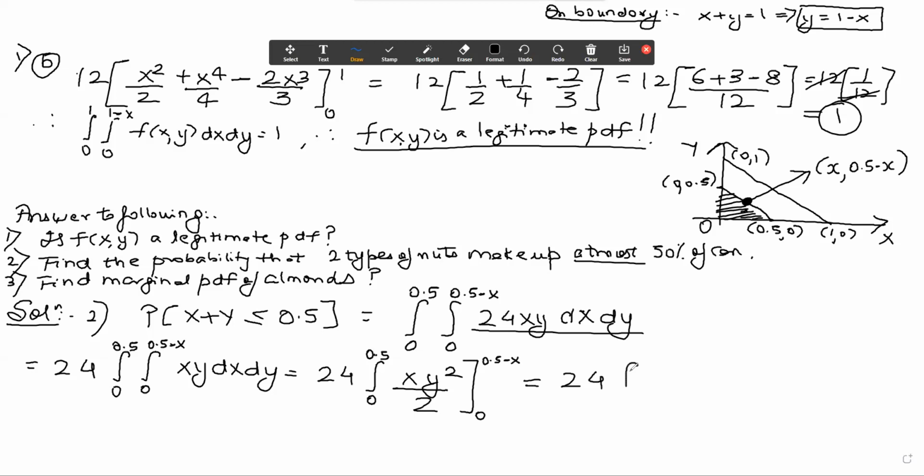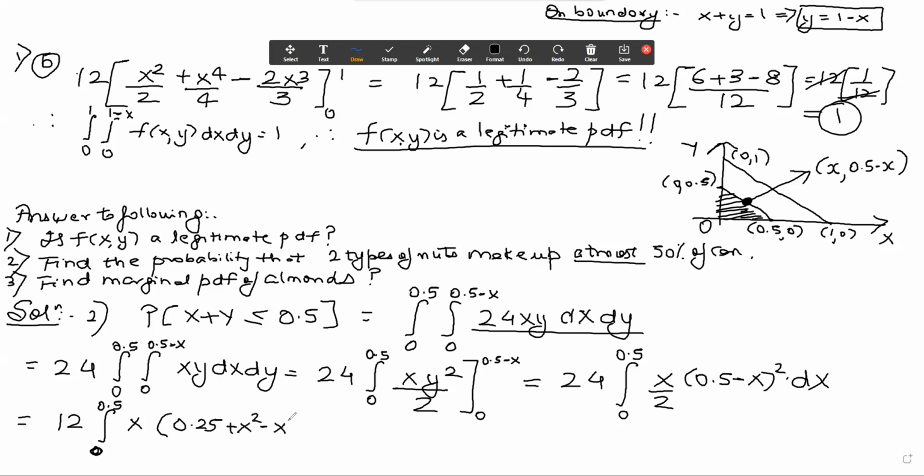This will be 24 times integral 0 to 0.5 of x by 2 into 0.5 minus x whole square times dx. 2 comes out, 24 divided by 2 is 12 times integral 0 to 0.5 of x times 0.5 minus x whole square, which will be 0.25 plus x square minus x, times dx, a minus b whole square.